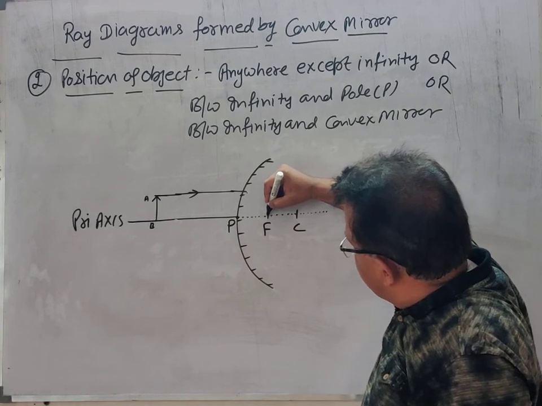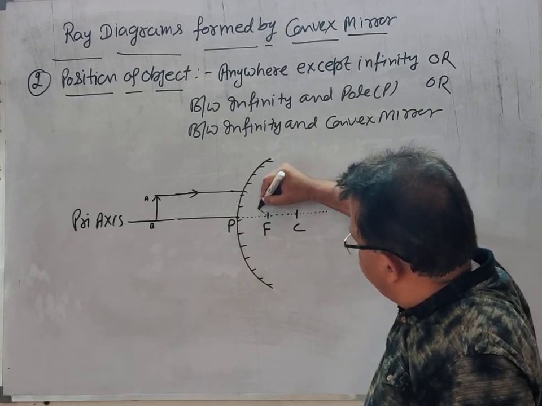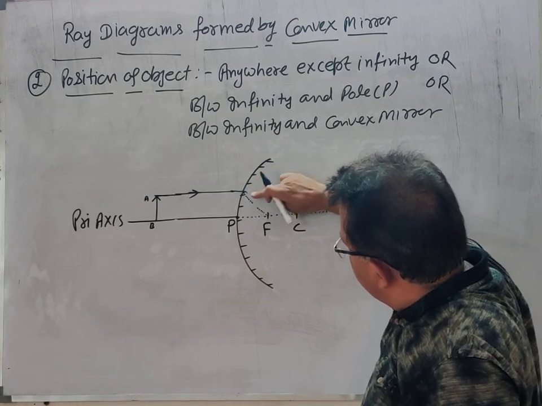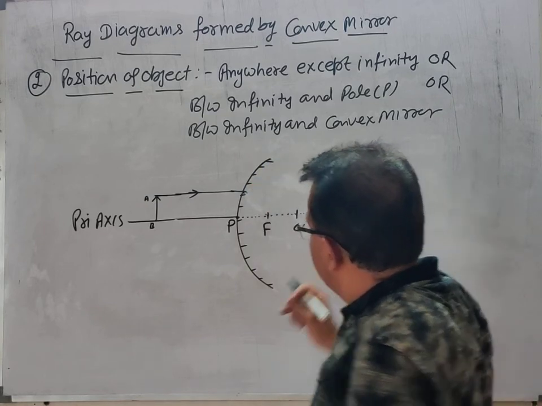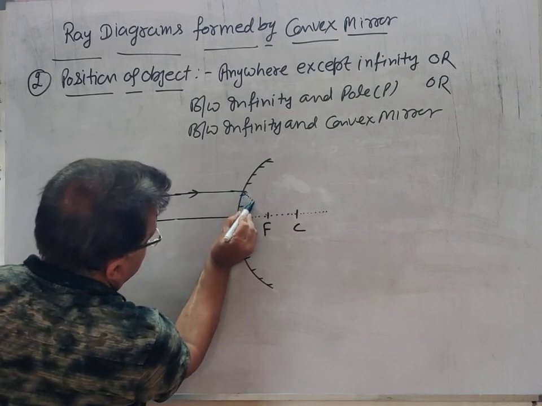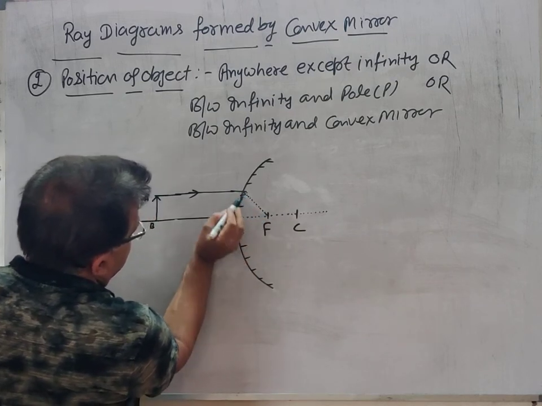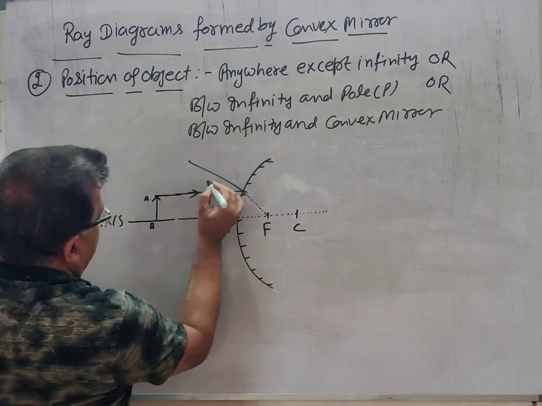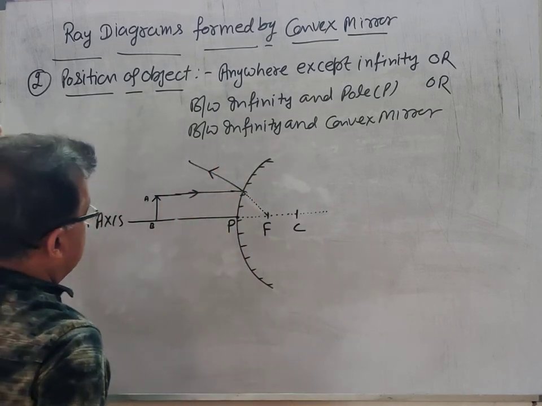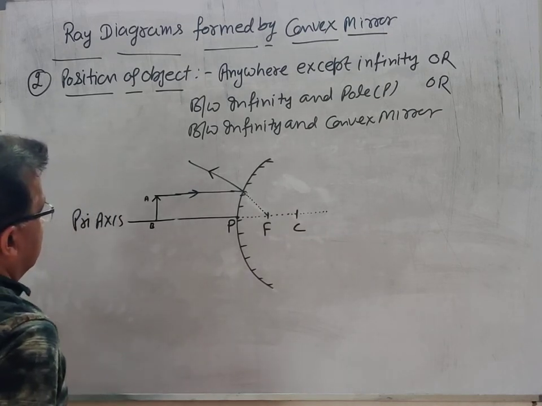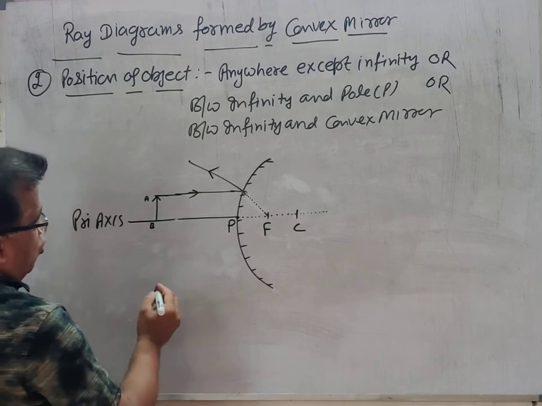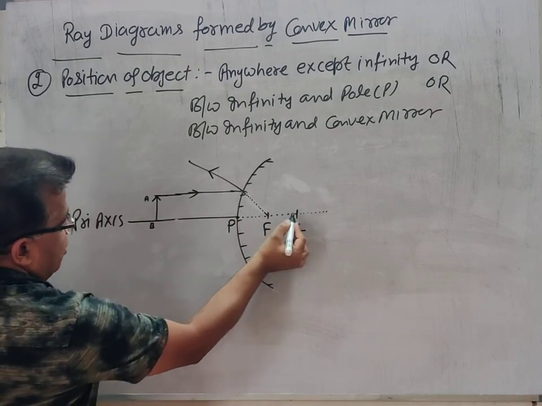It appears that it is coming from this principal focus, and moves in this side. Now another ray you can show passing through center of curvature.